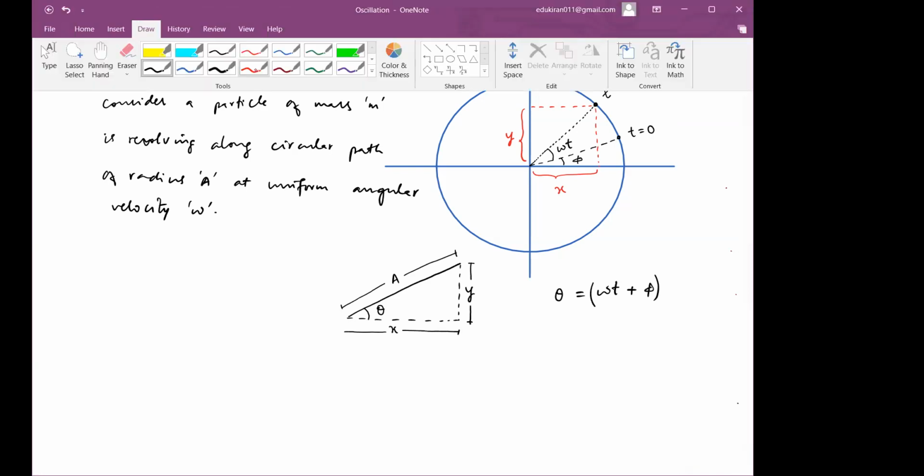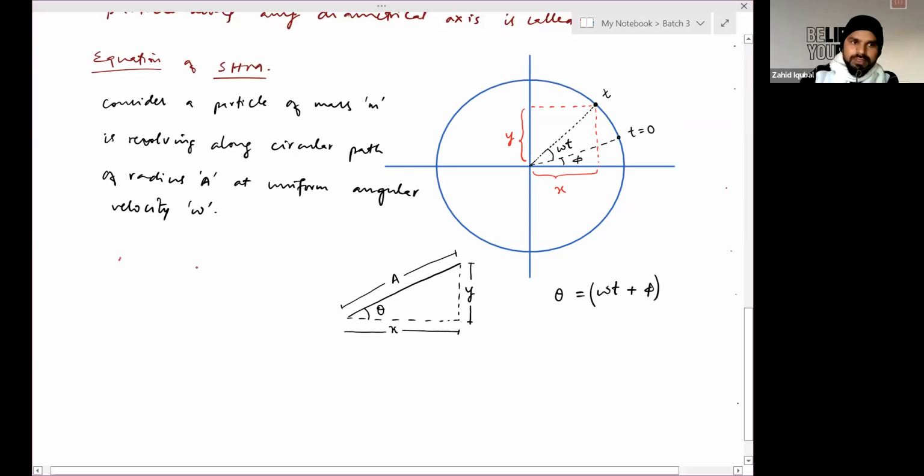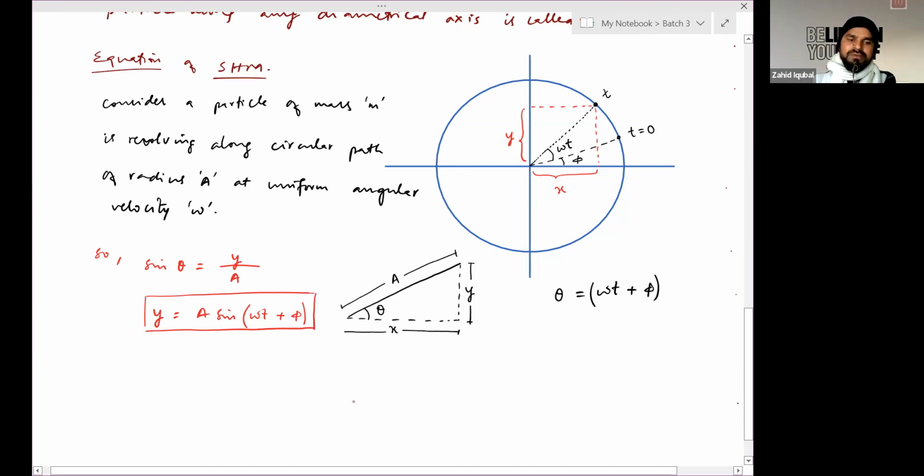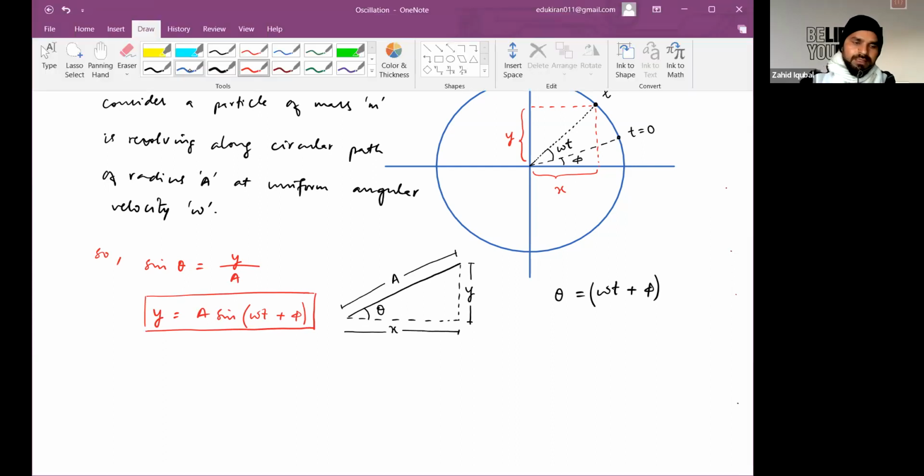No doubt, sir. Okay. So if we take sine theta in this particular triangle, sine theta equals perpendicular divided by hypotenuse. So y will equal a times sine theta, and theta we have omega t plus phi. So it will be an expression or equation of SHM along or projection along y-axis.